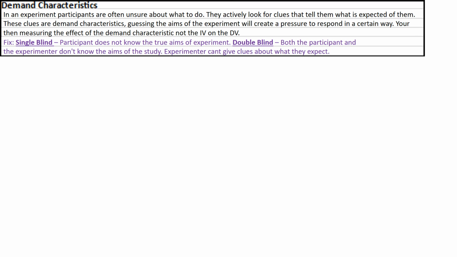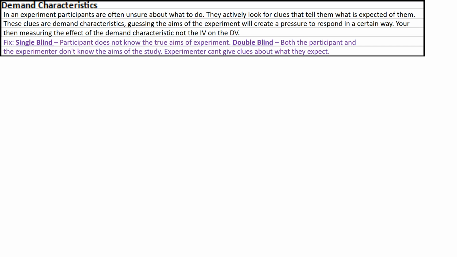So a more effective way might be for that researcher to take a back seat and give a set of instructions to somebody who doesn't really know what the experiment's about, another researcher, to then carry out this study. That would mean that they shouldn't be able to give away what they want from body language, because they wouldn't know either.